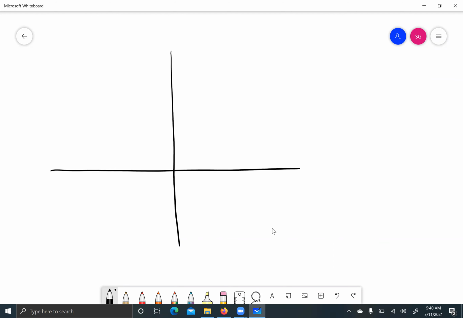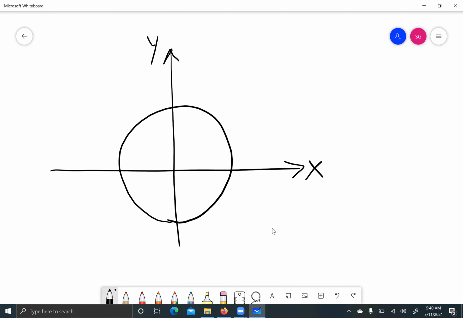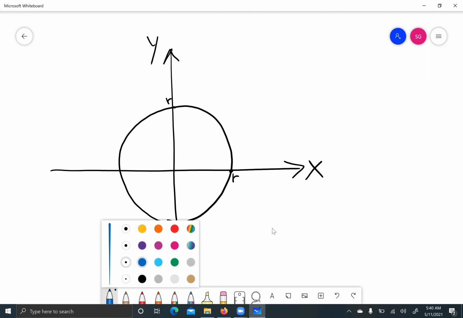Recall that if you have, let's say this is the coordinate system xy plane, and suppose you have a circle, and this circle has radius r, so this is gonna be r, this is gonna be r, right? And pick a point, any point.